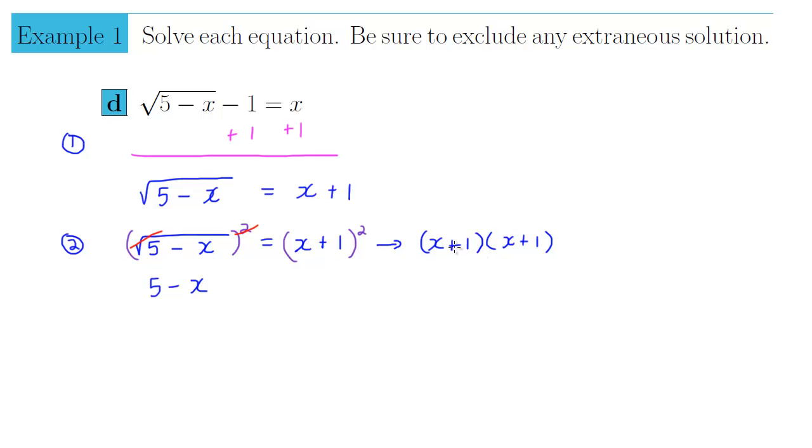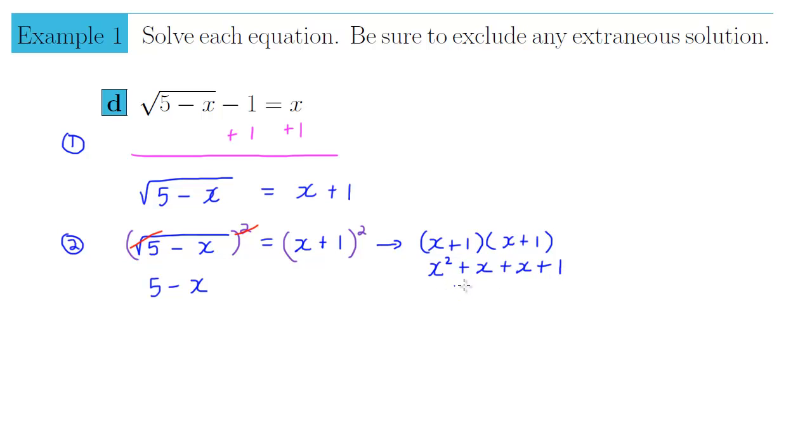So x plus 1 times x plus 1 FOILs out to x squared plus x plus 1. X times x is x squared, x times 1 is x, 1 times x is x, 1 times 1 is 1.